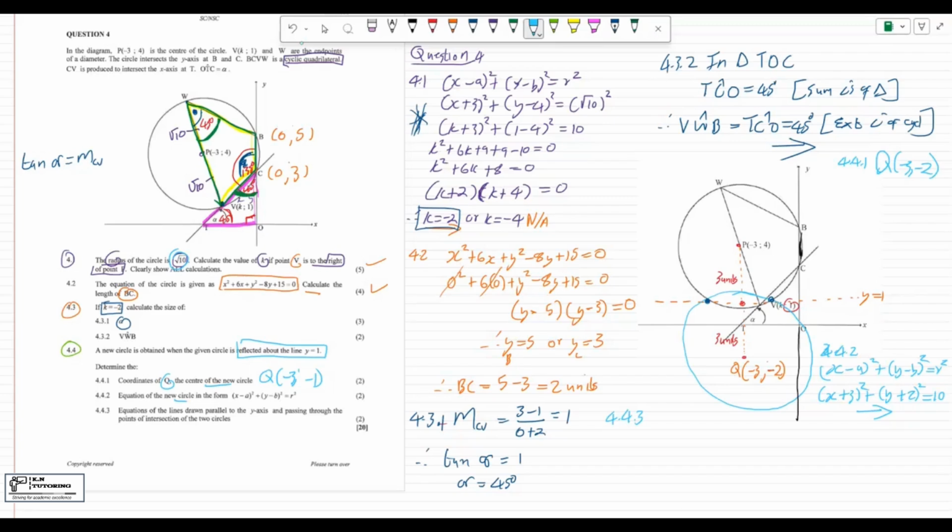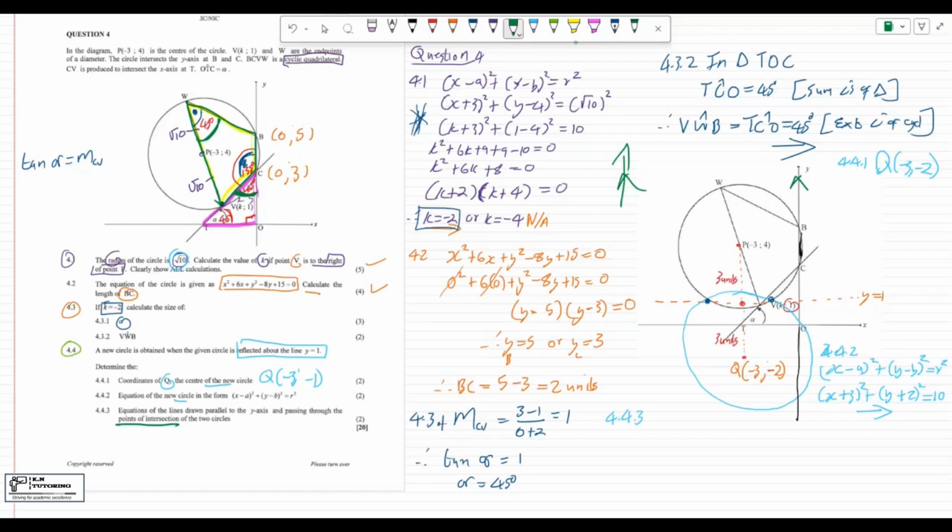That is very easy if you're able to draw a sketch like I did. Let me read that again: equations of the lines drawn parallel to the y-axis, passing through the points of intersection of the two circles.